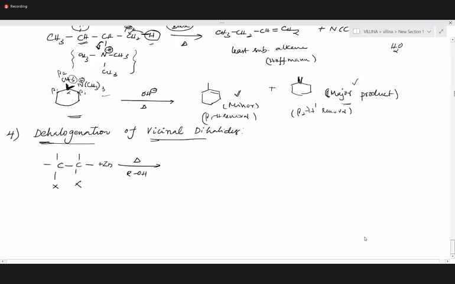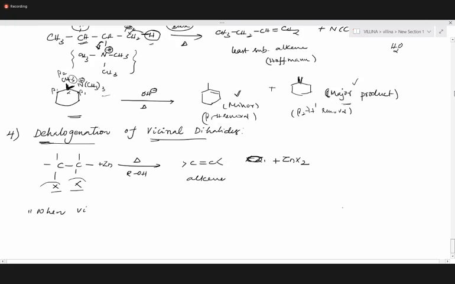So using zinc, when we heat it in presence of an alcohol, adjacent positions which are substituted with halogen, they will be removed as ZnX2. Since the halogens are removed, a new pi bond, carbon-carbon double bond will be formed, and that will be our alkene. So take down the statement.